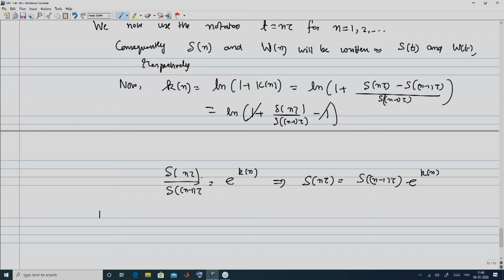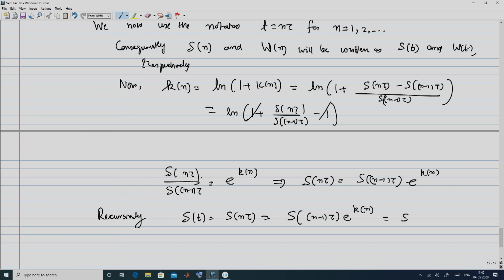So, recursively, we will get S of t is equal to S of n tau is equal to S of n minus 1 tau into e raised to k n.